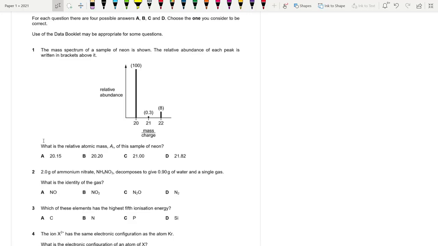What do we have over here? The mass spectrum of a sample of neon is shown. The relative abundance of each peak is written in the brackets above it. What is the relative atomic mass of this sample of neon? Okay, so it's gonna go like this: 100 into 20 plus 21 into 0.3 plus 22 into 8.